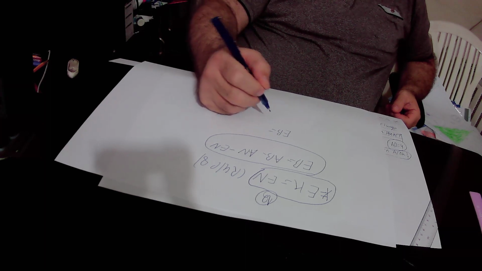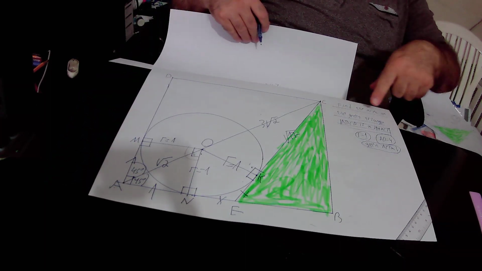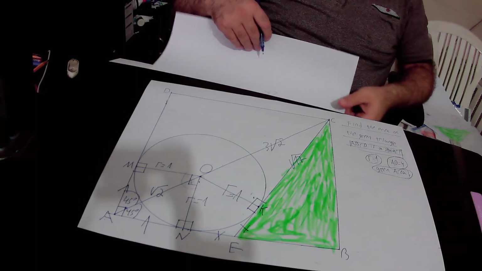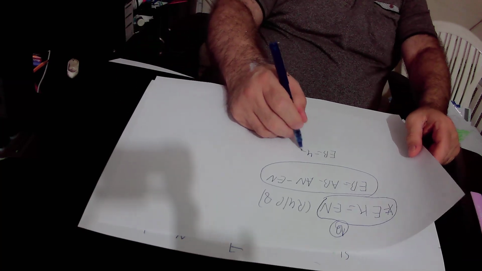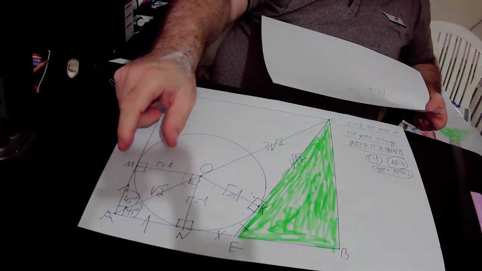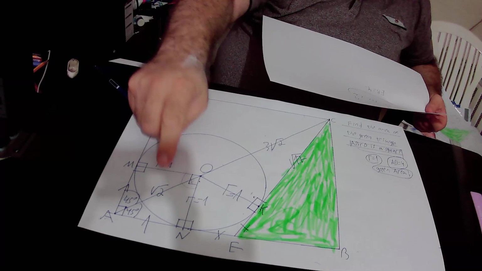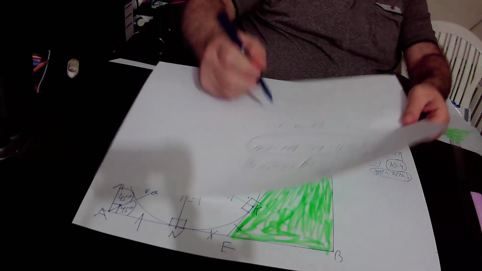So EB equals AB, which is 4 units, all the sides of square ABCD are equal to 4 units, minus AN. We have already found out that AN, the length of the side of the small square, equals 1 unit, minus EN.